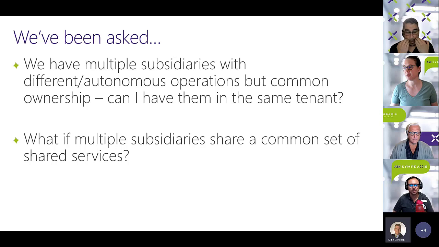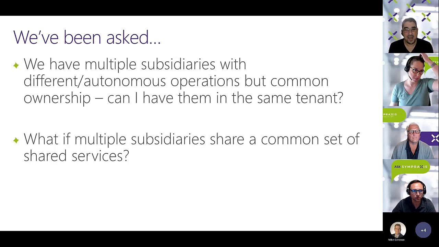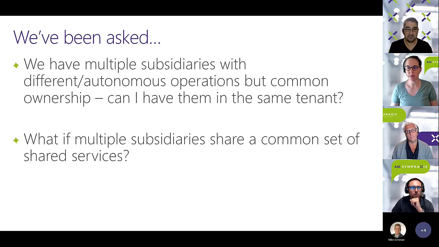So some asks, and Derek, I think you fielded this one in the past. We have multiple subsidiaries with different operations with common ownership. Can they live together? Yeah, and I think in that model, you've got subsidiary A and they do manufacturing and processing and all those kinds of things.